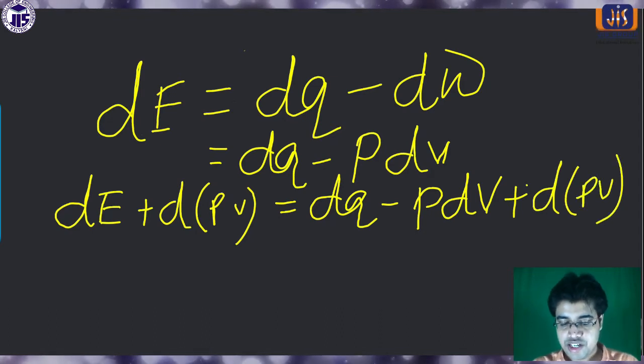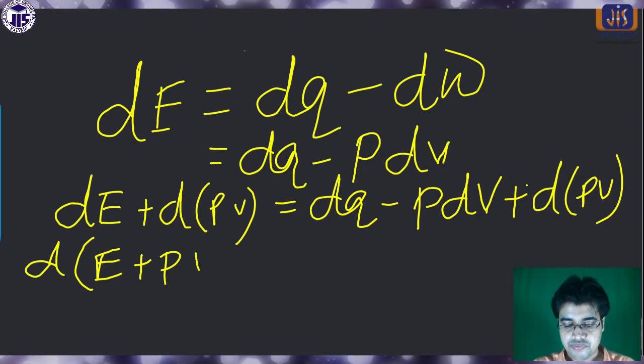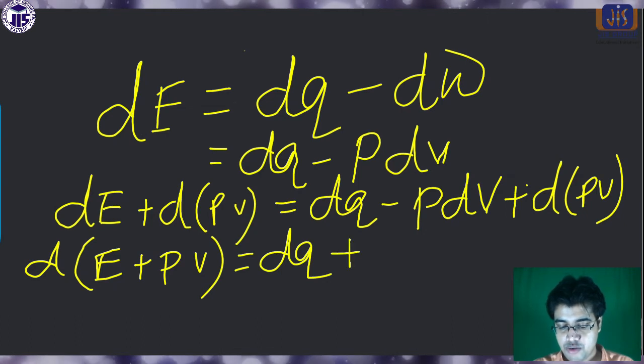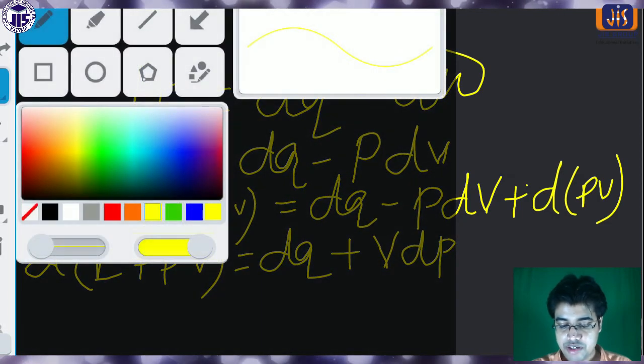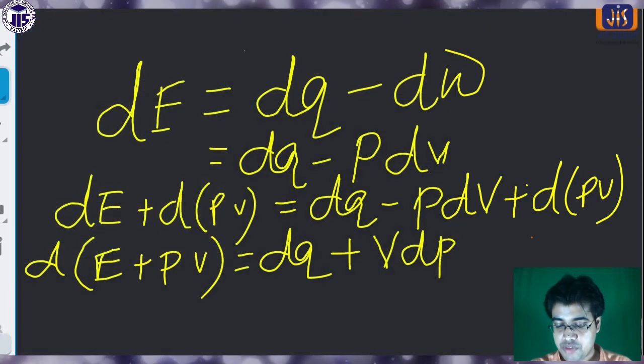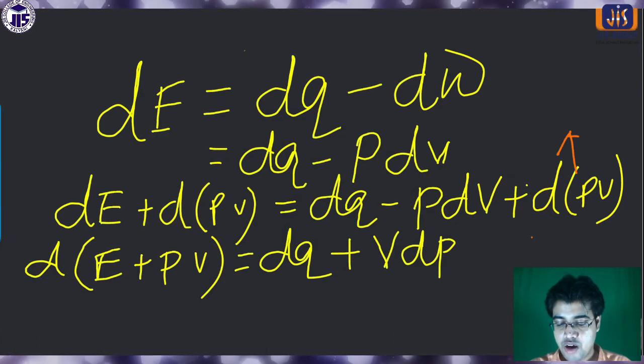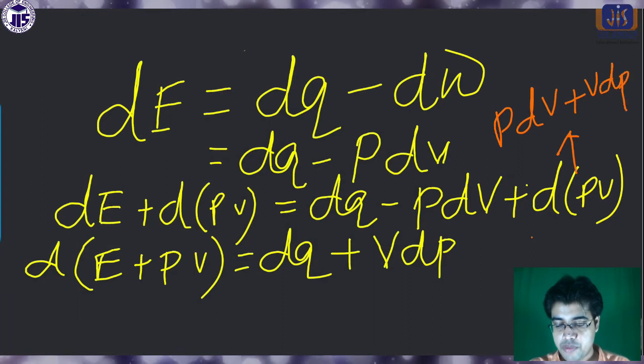Here this is the common term, d of E plus PV, equals dq plus V dP. Why V dP? Because after differentiation, two terms will come: PdV plus VdP.